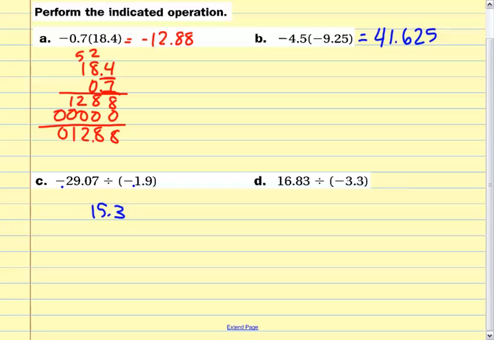Now 16.83 divided by negative 3.3, Evan, what'd you get? Negative 5.1. Is everybody happy with negative 5.1? Do you feel confident that you can use your calculator to arrive at an answer? You feeling good there? Okay. All right. Here, let's move to the next example then.